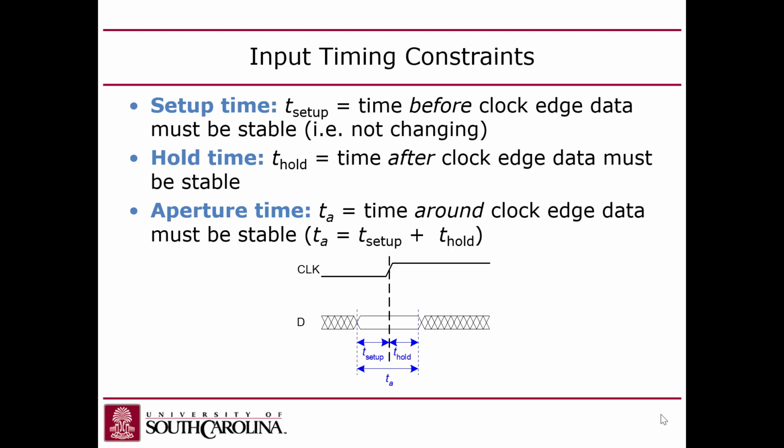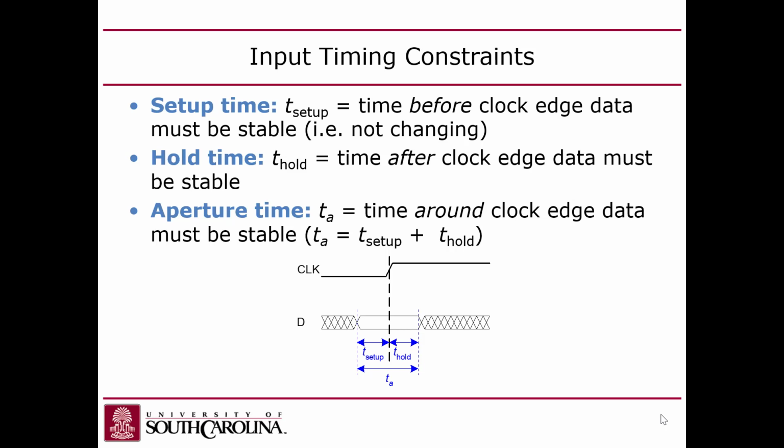If for whatever reason you change the input within T setup before the clock edge or within T hold after the clock edge, then the flip-flop could become metastable. The Q output will go to some value between 0 and 1.